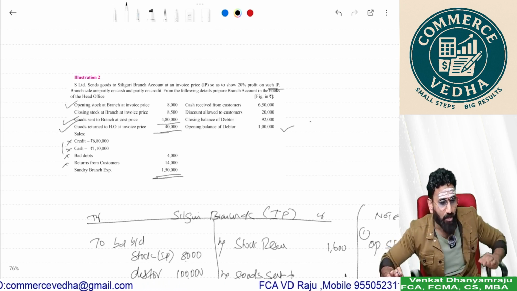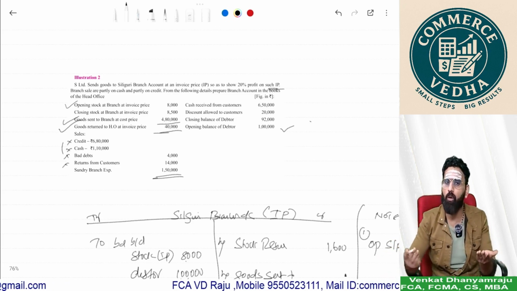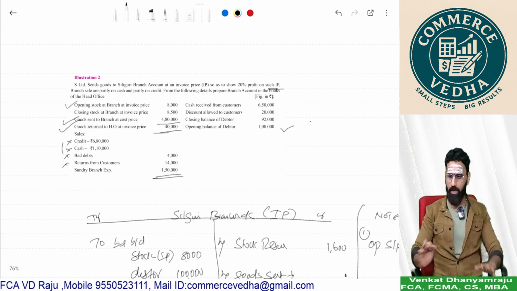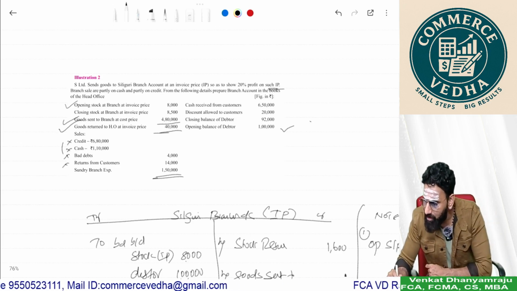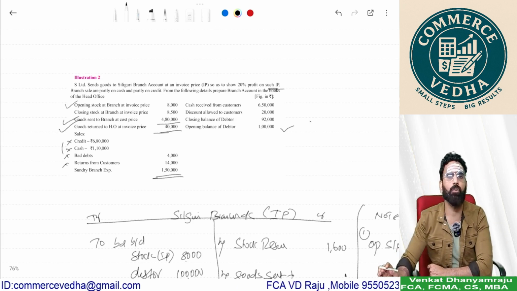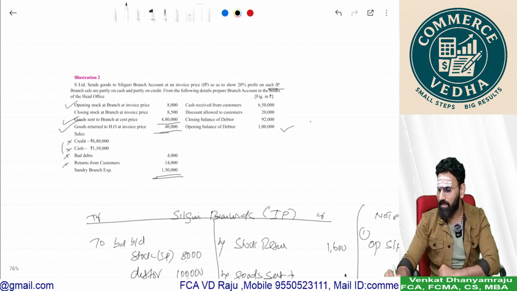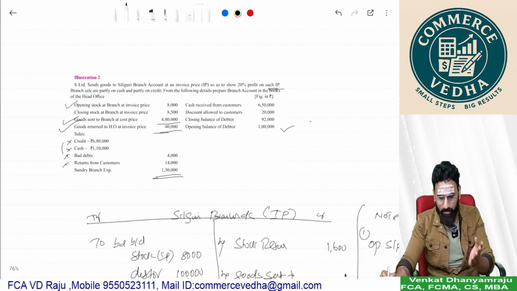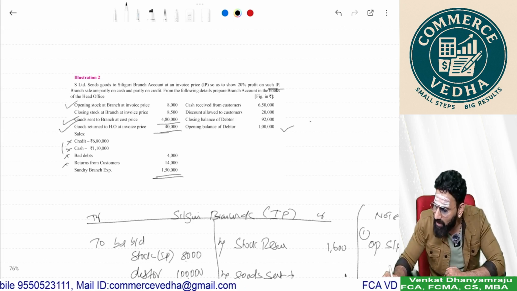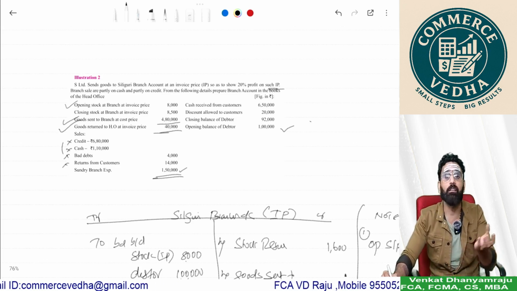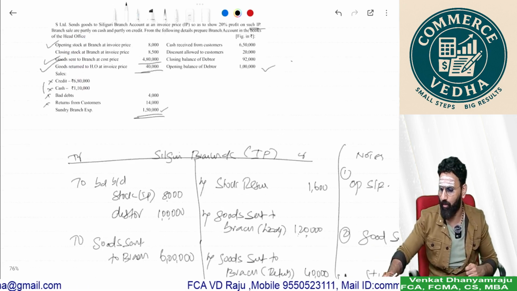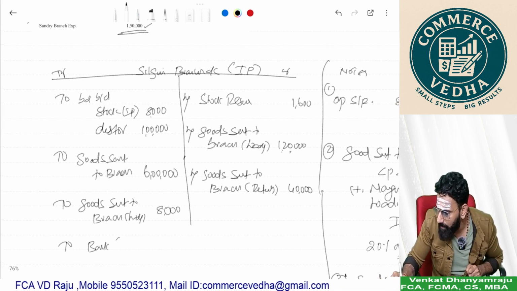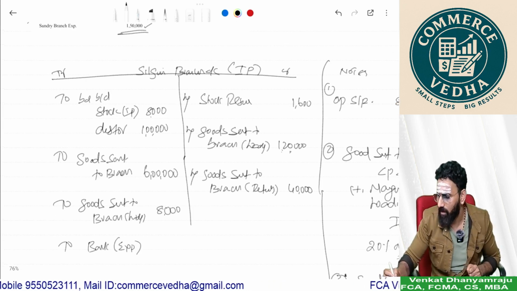It means the branch doesn't have any cash. So how does the branch spend the expense? It receives from the head office. There is no opening cash in the question. There is no closing cash in the question. And the cash collected from the customer is sent back to head office. So whatever expense the branch incurred is actually received from HO. So we'll write to bank in bracket for expenses. How much?